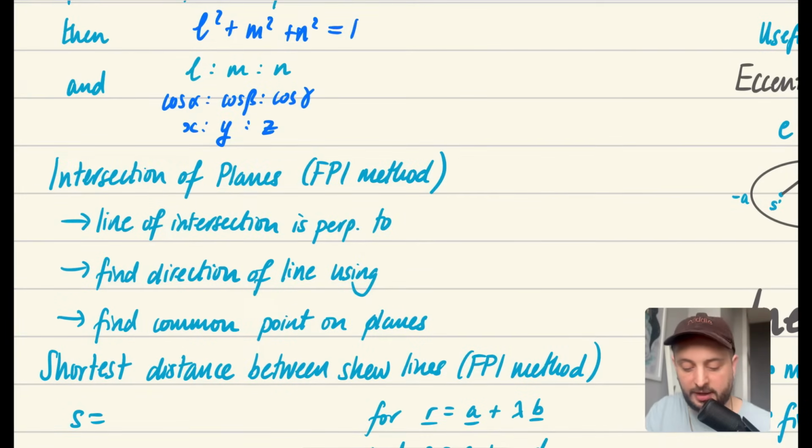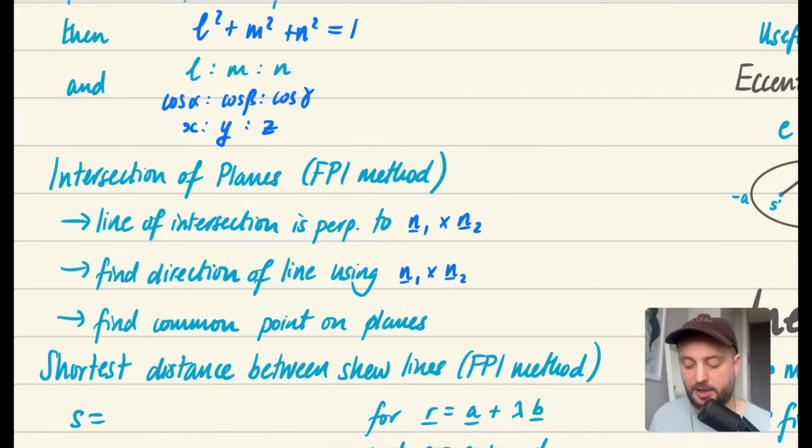If you have two planes that are intersecting with each other, they will intersect along a line, and that line of intersection is going to be perpendicular to both of the planes. In other words, it is going to be perpendicular to the normal vector of the first plane and the normal vector of the second plane. So because it's perpendicular to both of these normals, we can find the direction of that line by doing the cross product of n1 and n2.